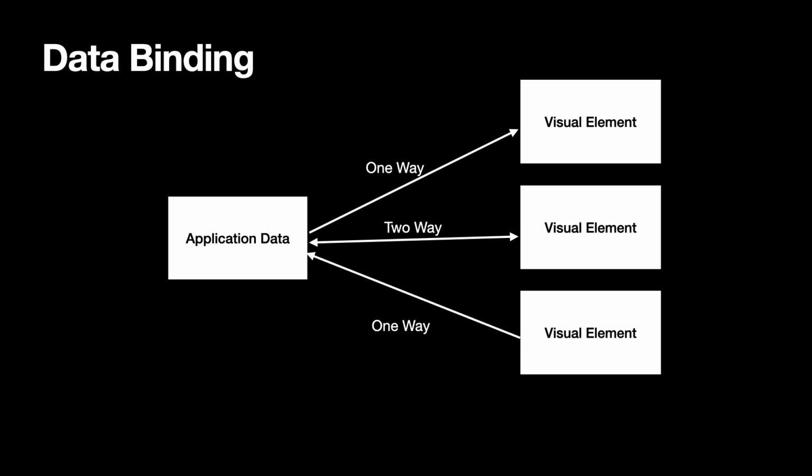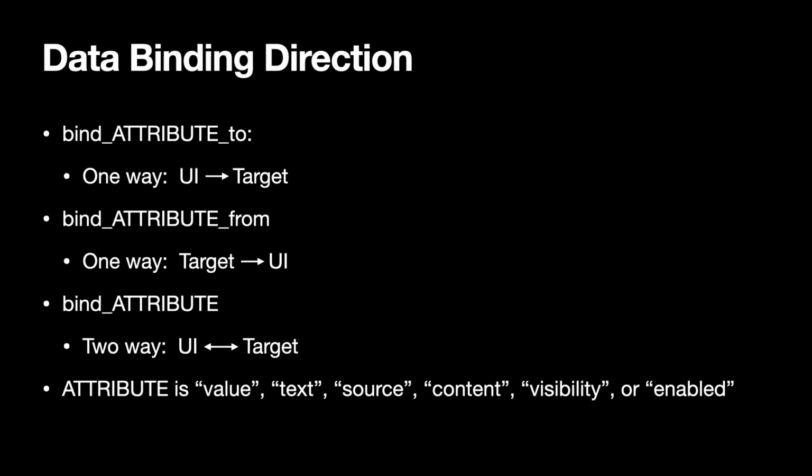Data binding can be one way, where changes to data values automatically update the user interface, or vice versa. Data binding can also be two-way, where changes to either side are automatically reflected in the other side. NiceGUI contains a set of methods that allow us to bind to values of properties of our user interface elements.